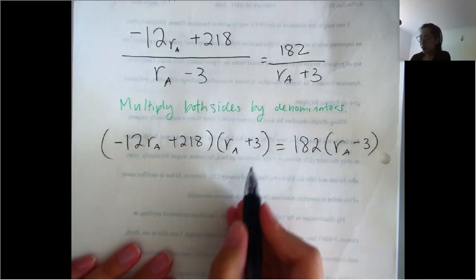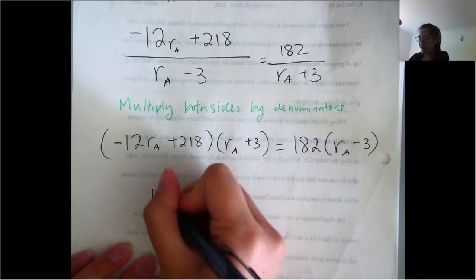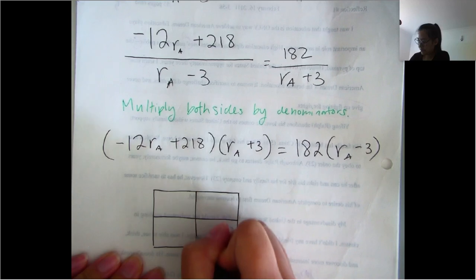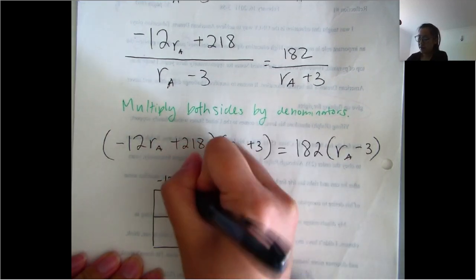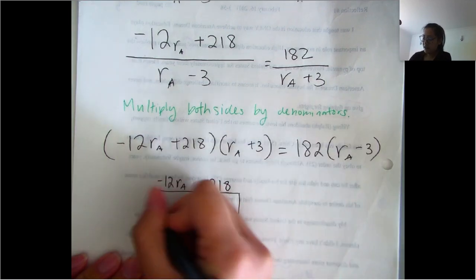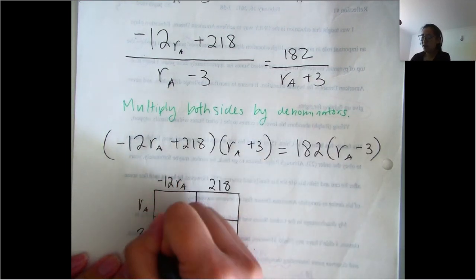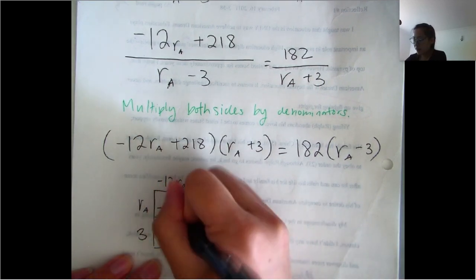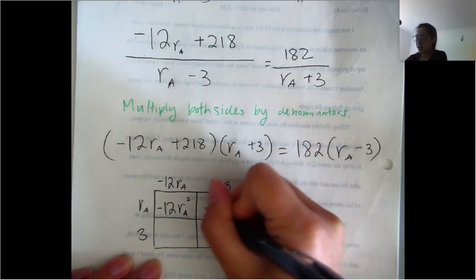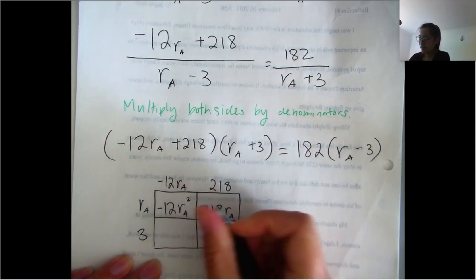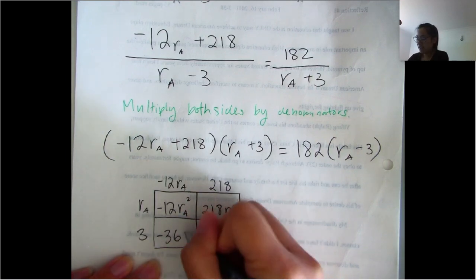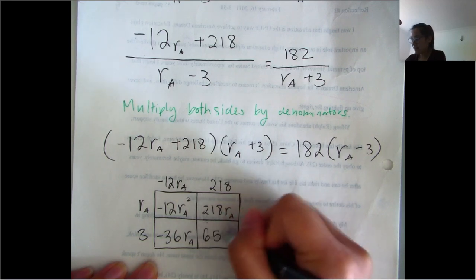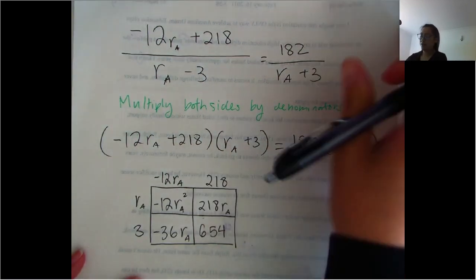Over on the left side here, we'll make a box to make it easier. So you have negative 12 R sub A plus 218, and then R sub A plus 3. We'll multiply this out. So you have negative 12 R sub A squared, 218 R sub A, negative 36 R sub A, and then I believe 654. And then over here, we'll distribute this out.